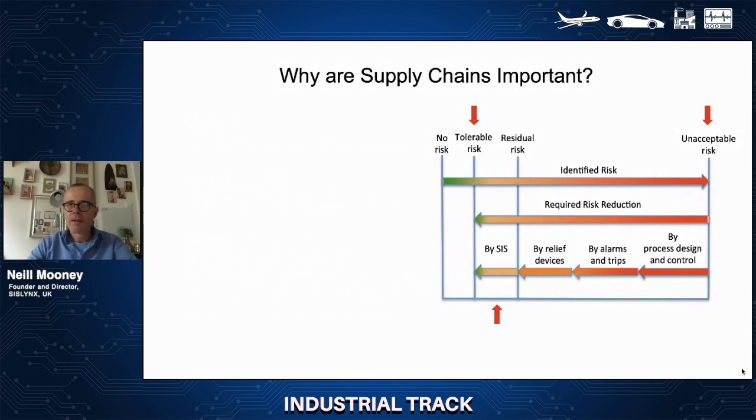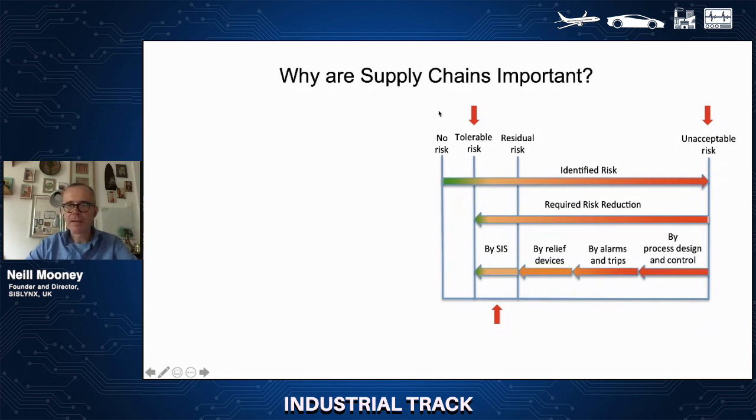So if we start here on the right, we have unacceptable risk, which can be thought of as the starting point. This is the inherent risk in your process before you are implementing any mitigation to reduce that risk to the tolerable risk level.